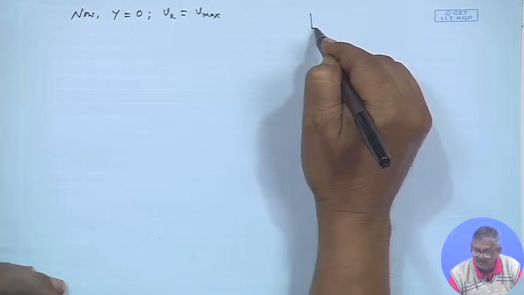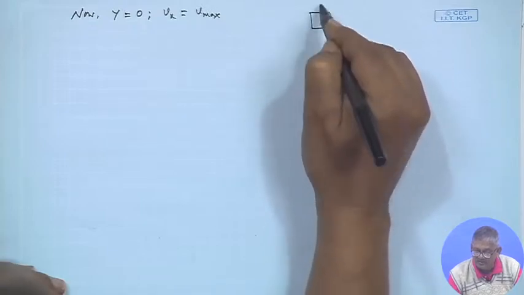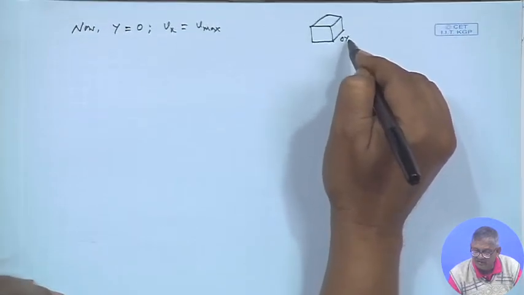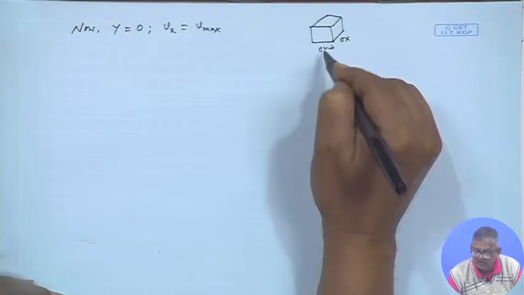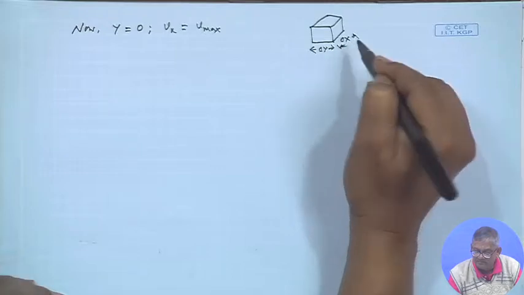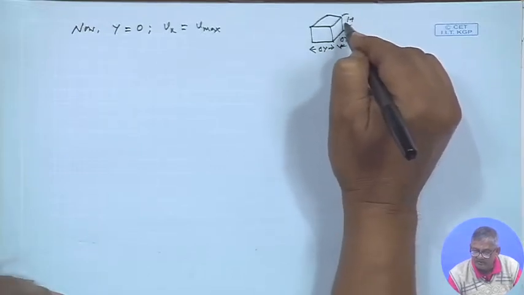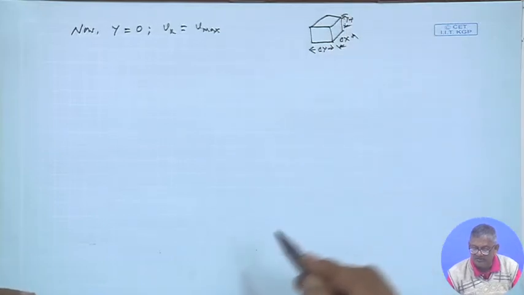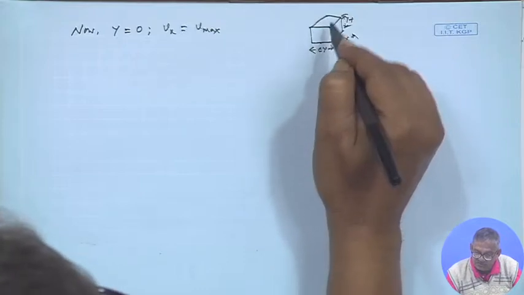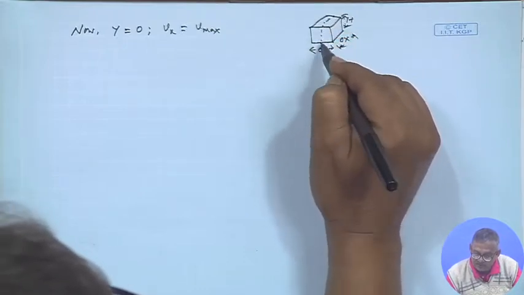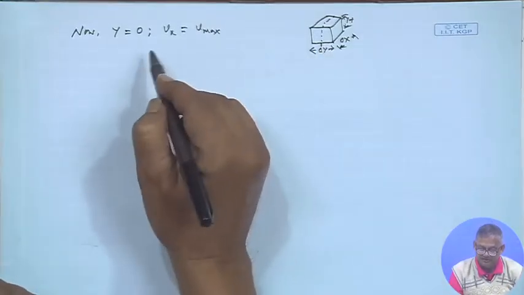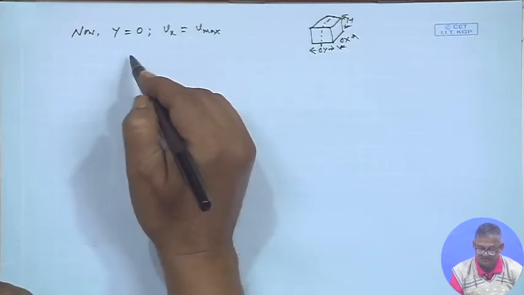Again for understanding, we had this delta x, we had this delta y, and we had this as h or height or delta z, whatever we call. Then at y is equal to 0, we can say V x is V max.